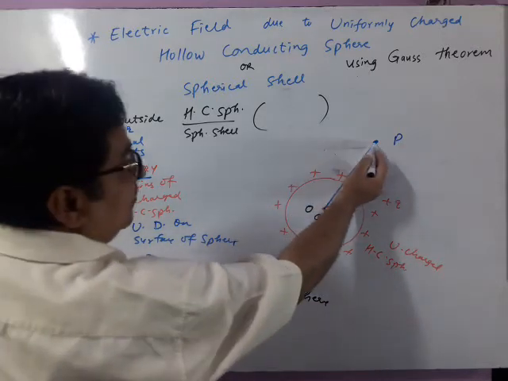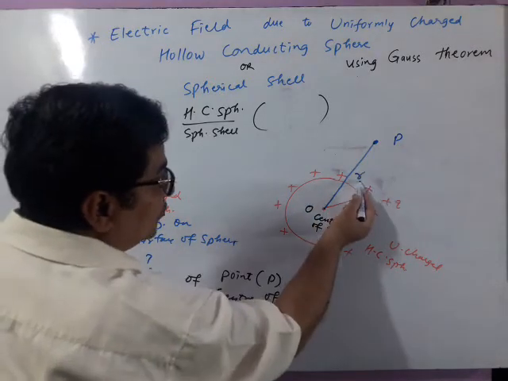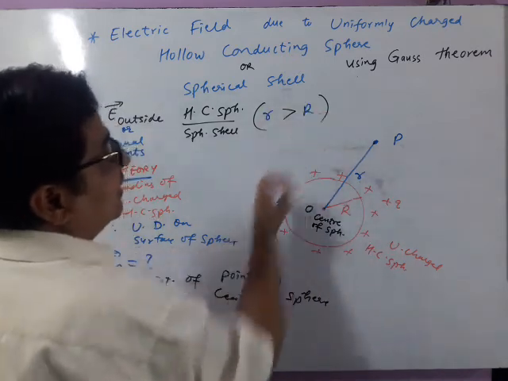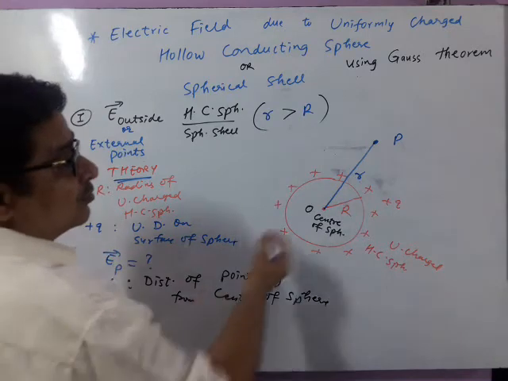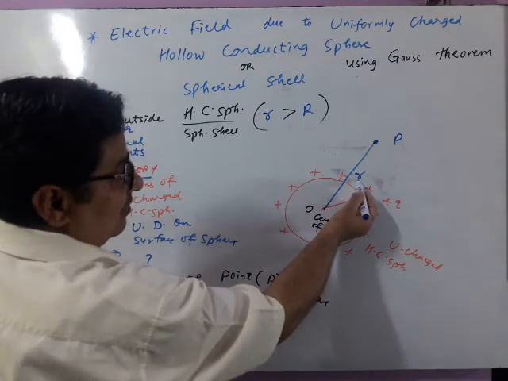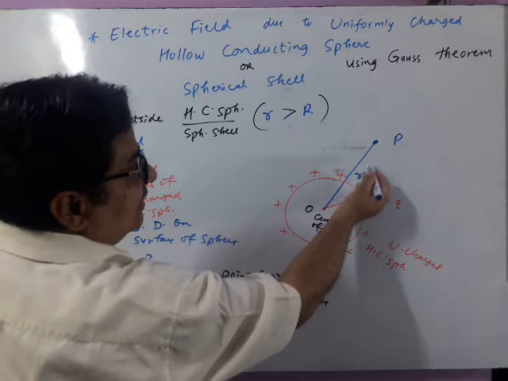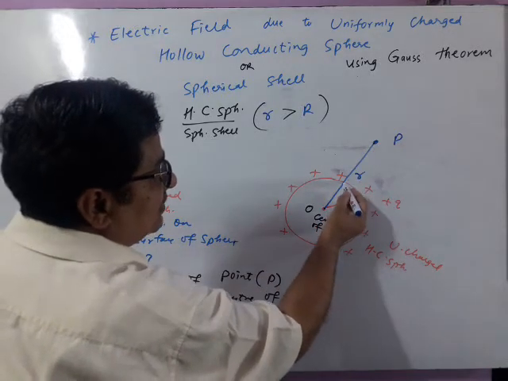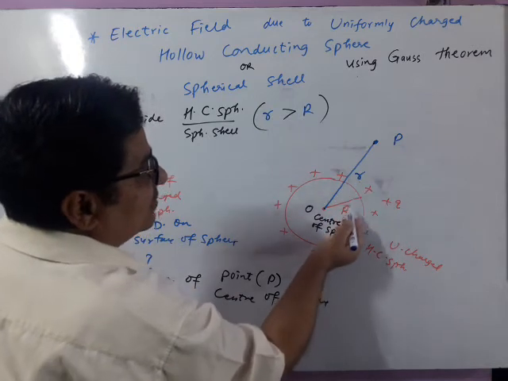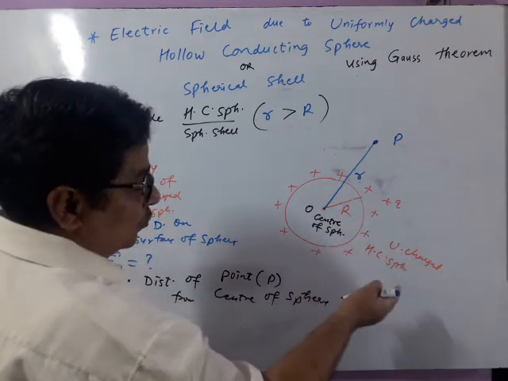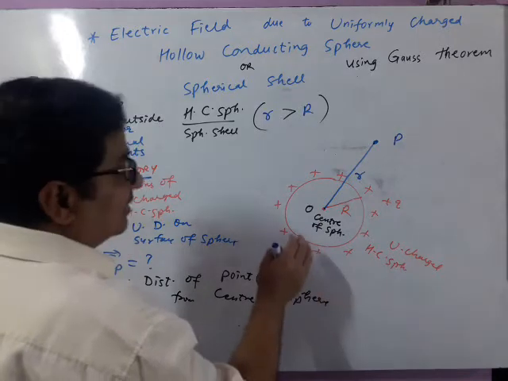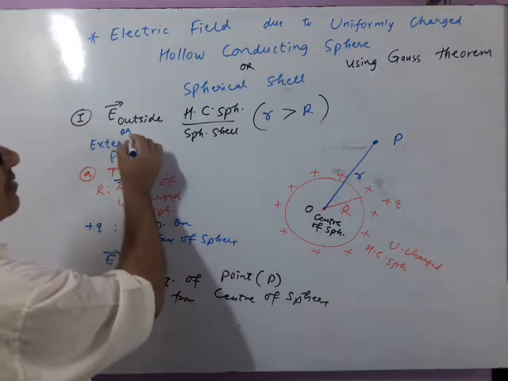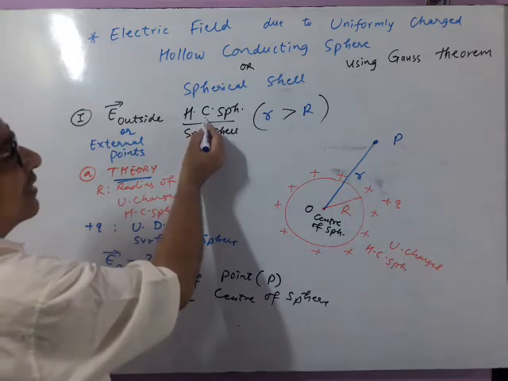So for external points we see this small r is greater than capital R. So this small r is variable. We will see when this point is on the surface, small r becomes equal to capital R. This time we are finding electric field outside, or external points, of the hollow conducting sphere.